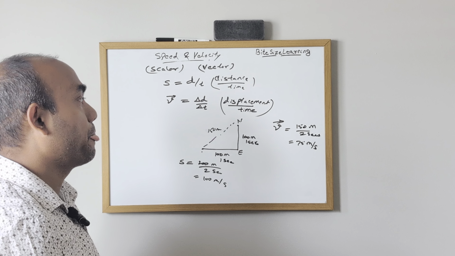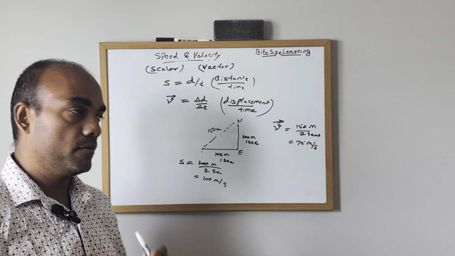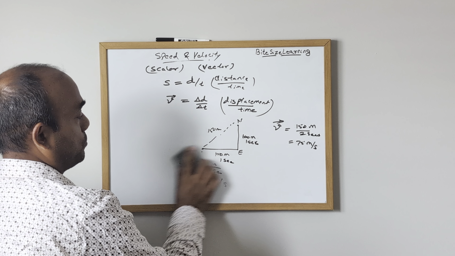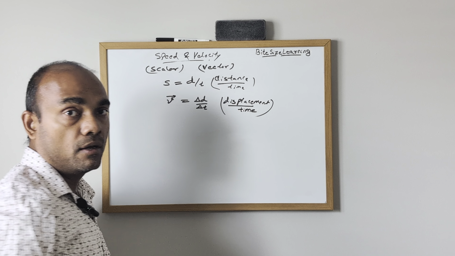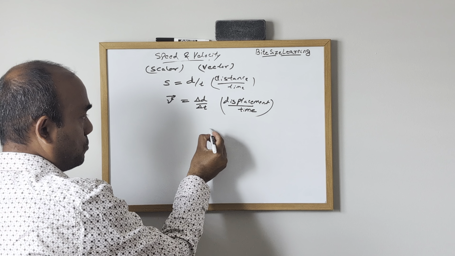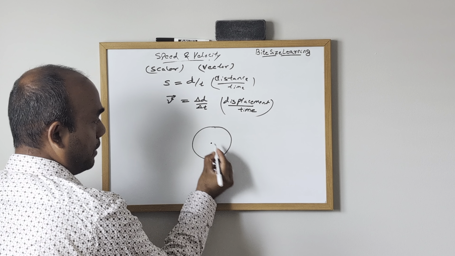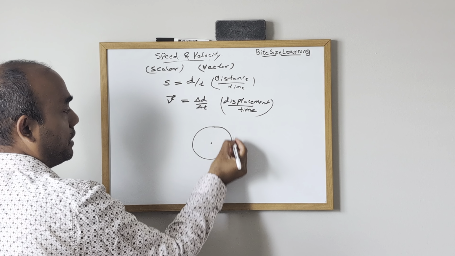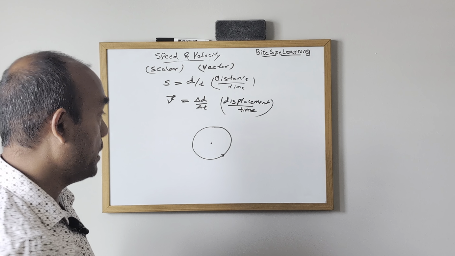Now let's take one final example that will etch in your mind permanently to differentiate between speed and velocity, right? So let's take an example of a circle, okay? So you have a circle, right? And you have an object moving from this position and moving around the circumference of the circle, right?